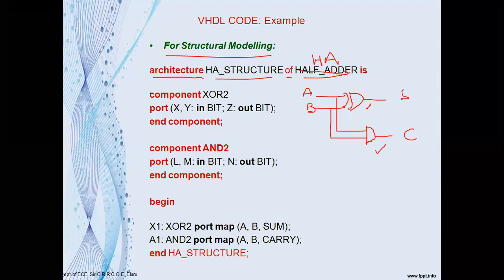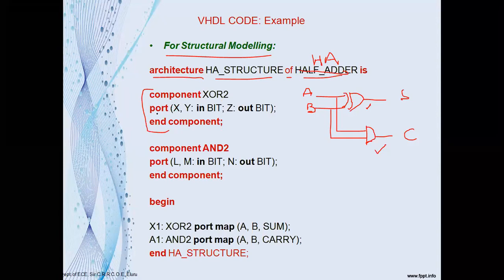So see this component declaration. In this component declaration it is quite similar to the entity declaration, isn't it? The component declaration is quite similar to the entity declaration, right? There they use the entity name; here, component is a reserved word, component with the entity name, that is XOR gate.